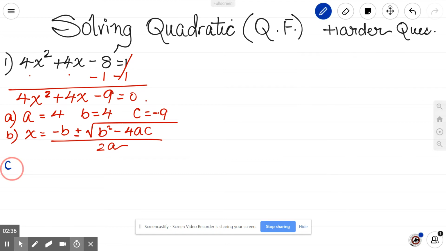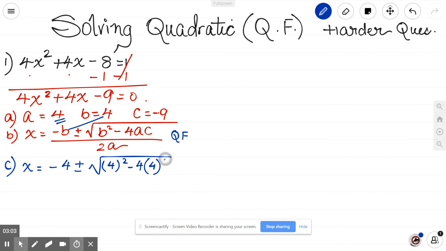All right. Step number C. Your step number C is basically your setting up step where you set up everything. So my b is 4, so I'm going to plug in b here. So it becomes negative 4 plus or minus square root of b squared. That means 4 squared minus 4 times a. What is a? 4.